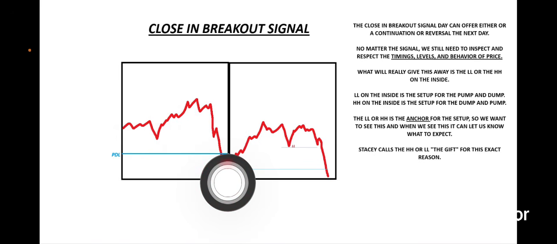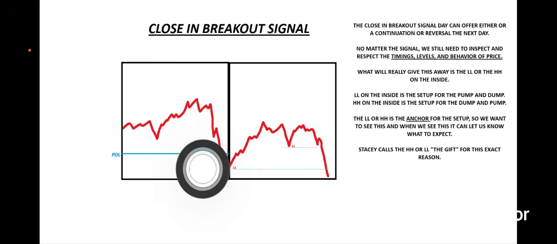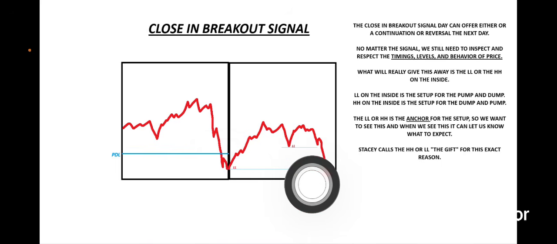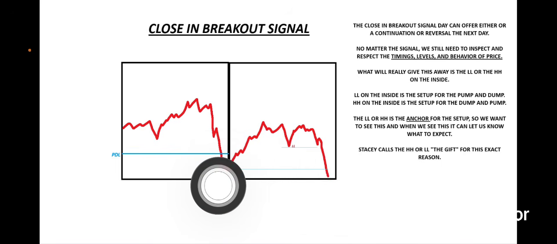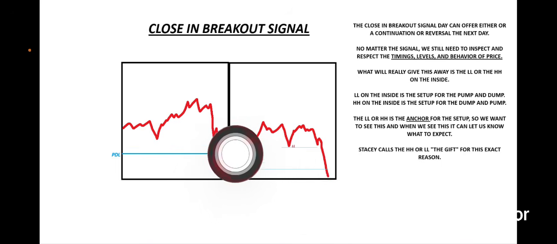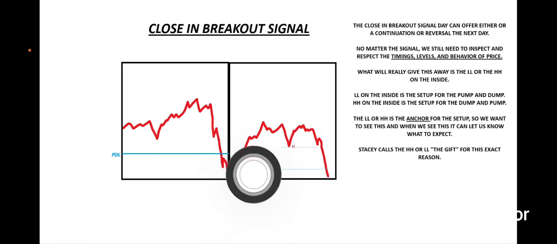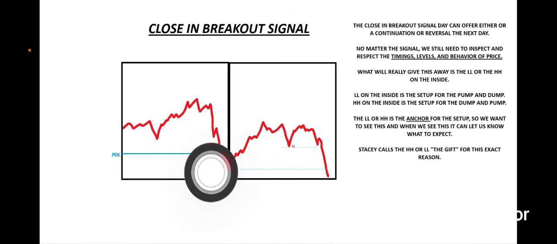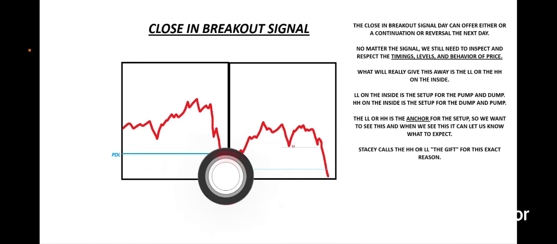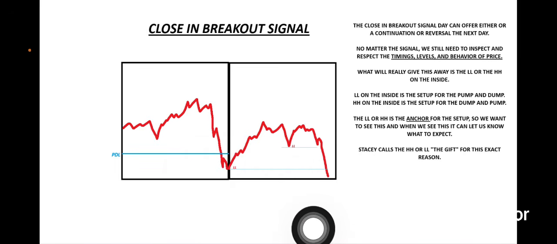So when we close in breakout, we put in a new lower low. Once that lower low has been put in place, the market starts to pump up. This lower low right here is an external lower low. So it's not a lower low on the inside, but it is a lower low.